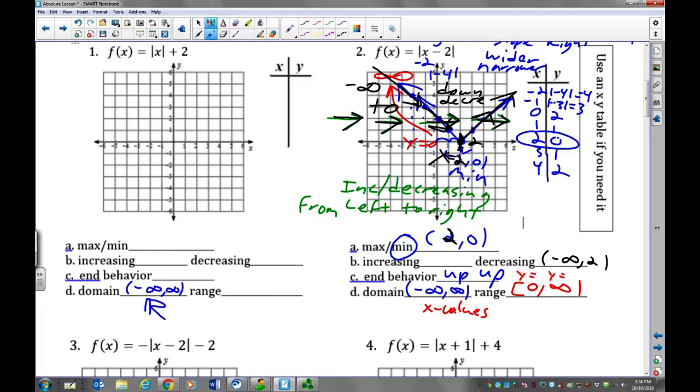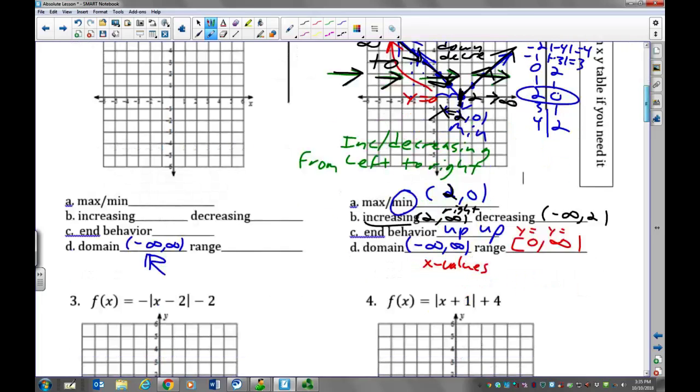And so that's from 2 to positive infinity, or from 2 to the right. We're going upwards, increasing. Cool, so hopefully maybe that makes sense, maybe not, but we'll try another one for you there.